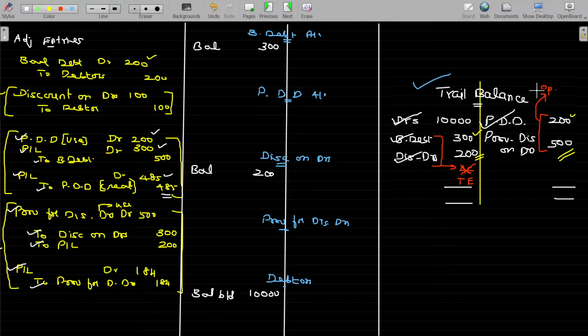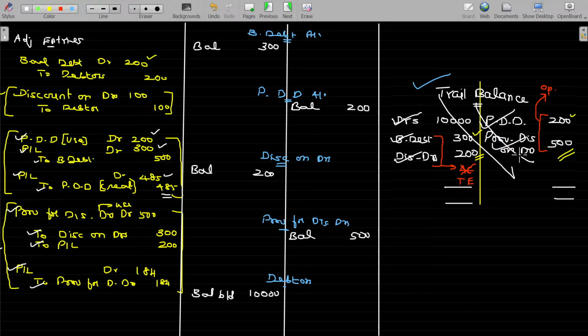And PDD balance in the beginning, credit side 200 rupees. Provision for discount on debtors, opening balance should be in the credit side, the value being 500 rupees. Very good.